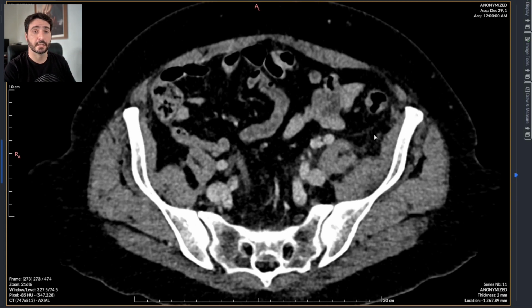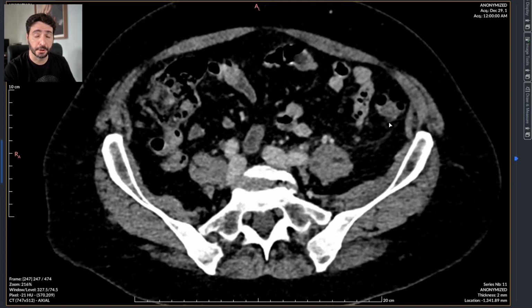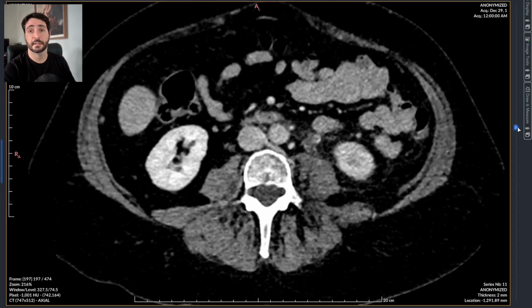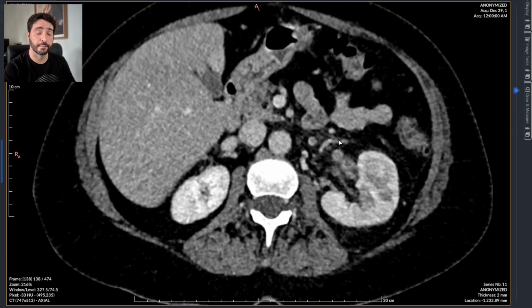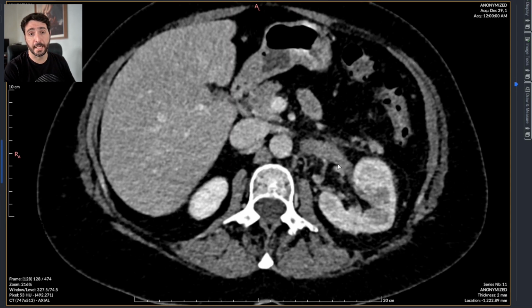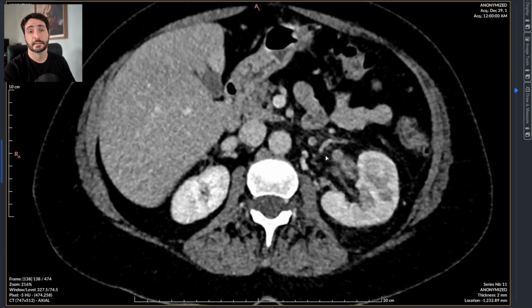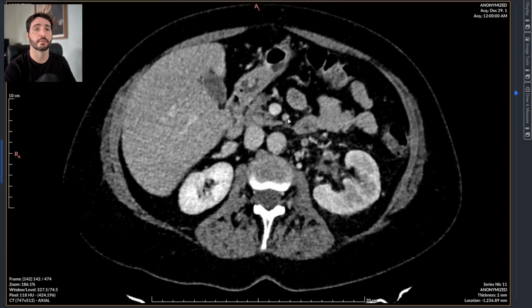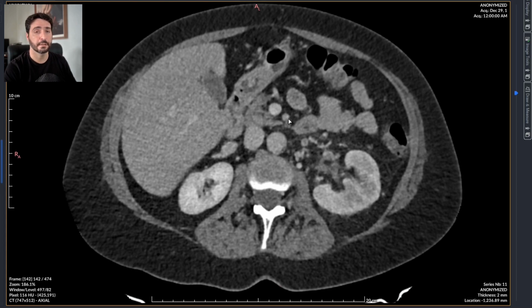So this is an acute infection of the kidney, a pyelonephritis, complicated by an acute thrombosis of both the left kidney vein and the left gonadal vein. So this is a very serious and rare vascular complication of an acute kidney infection.